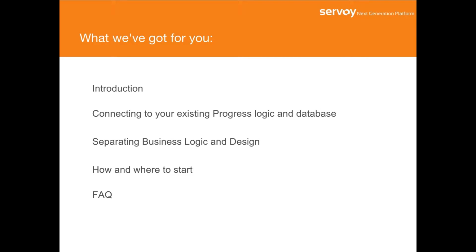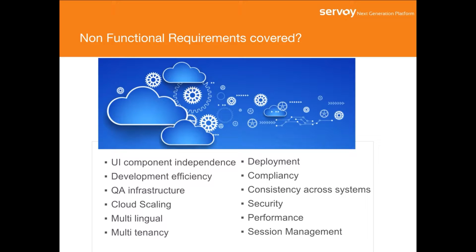So today we're going to talk about the different ways of connecting to your Progress logic and database, the separation of business logic and design, and some of the steps you can take in this process, and then we'll go into the Q&A.